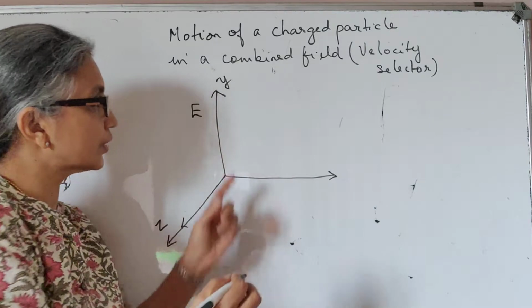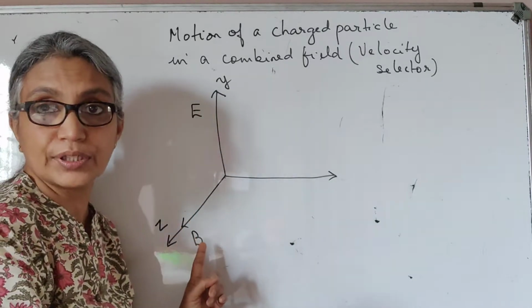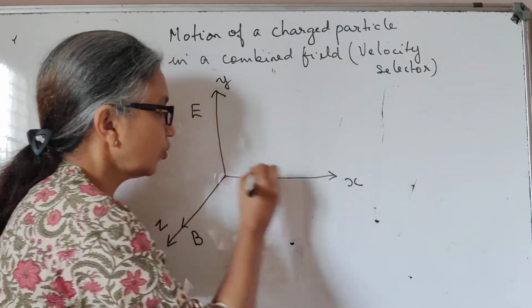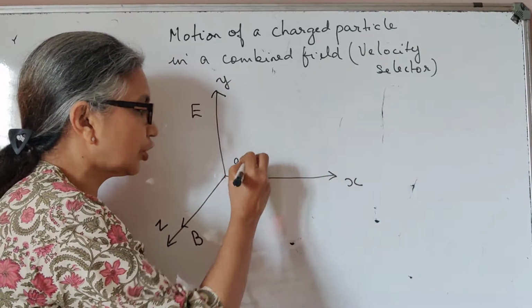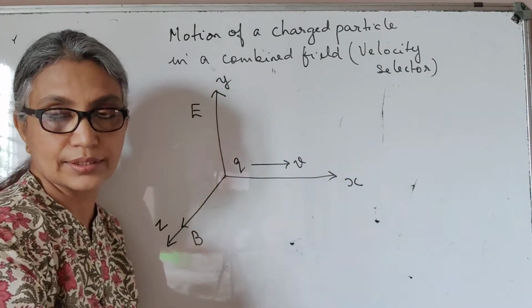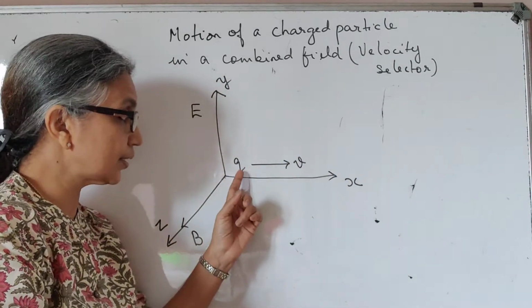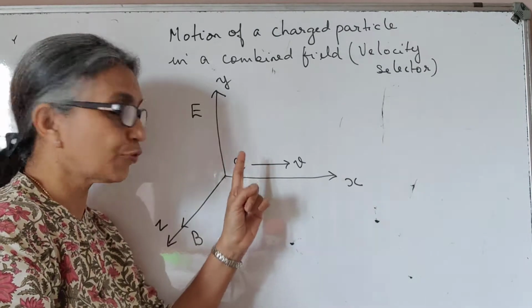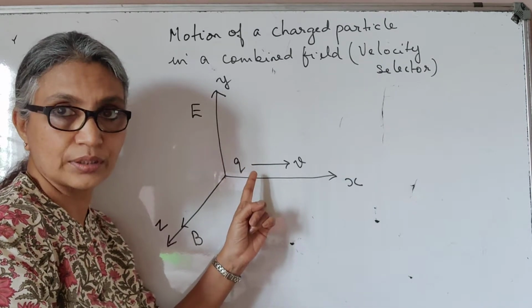You will see that the electric field and the magnetic field are perpendicular to each other. And along the x-axis, we have our charged particle, let's say Q, traveling with a velocity v along the x-axis. Now, as this particle enters this combined field, two forces will act on this charged particle.